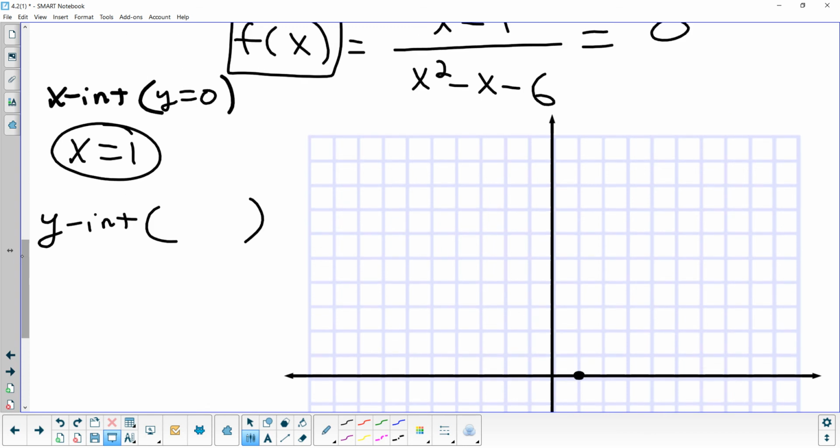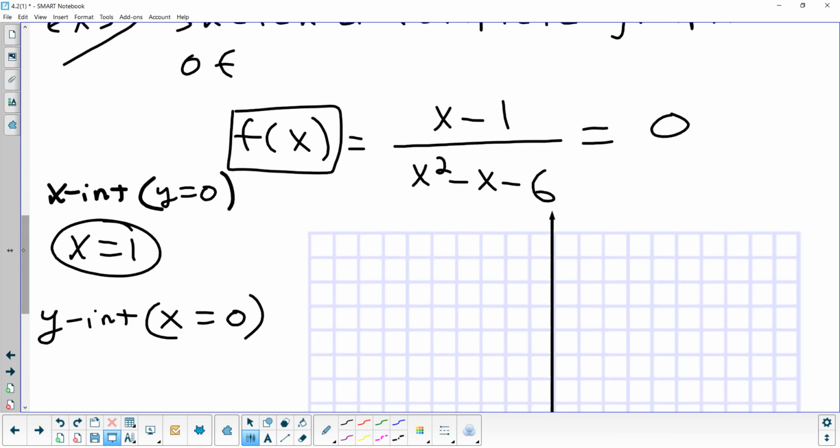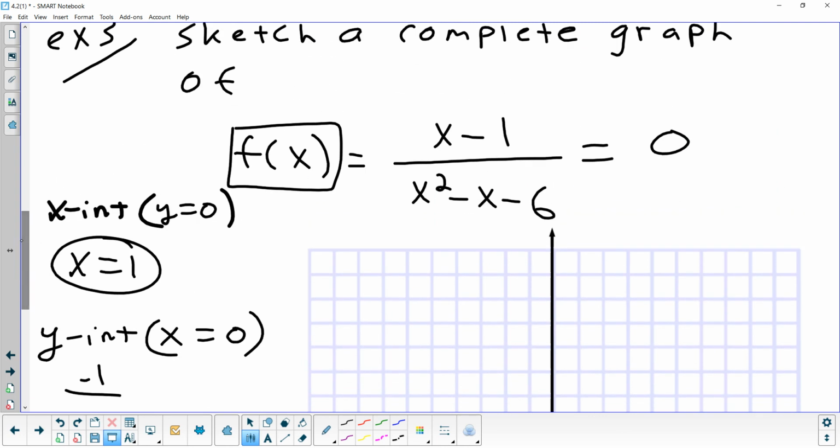How do you find the y-intercept? X equals 0. Plug in 0 for x. What do you get if you plug 0 in for x in the top? -1. What do you get if you plug 0 in for x in the bottom?